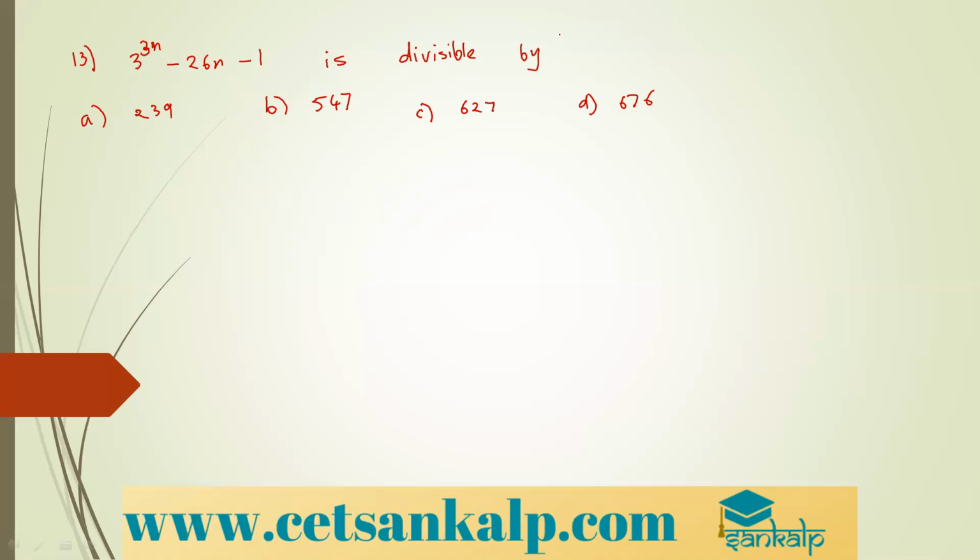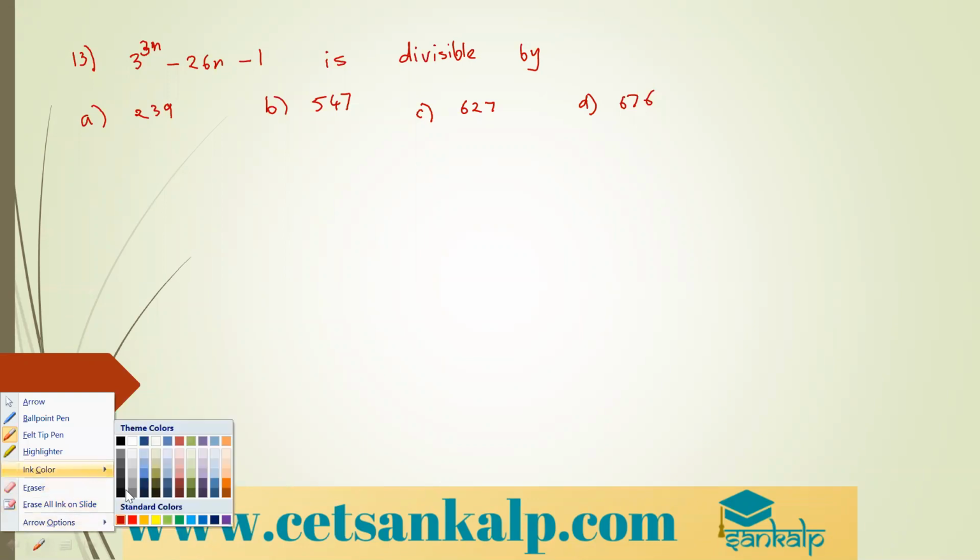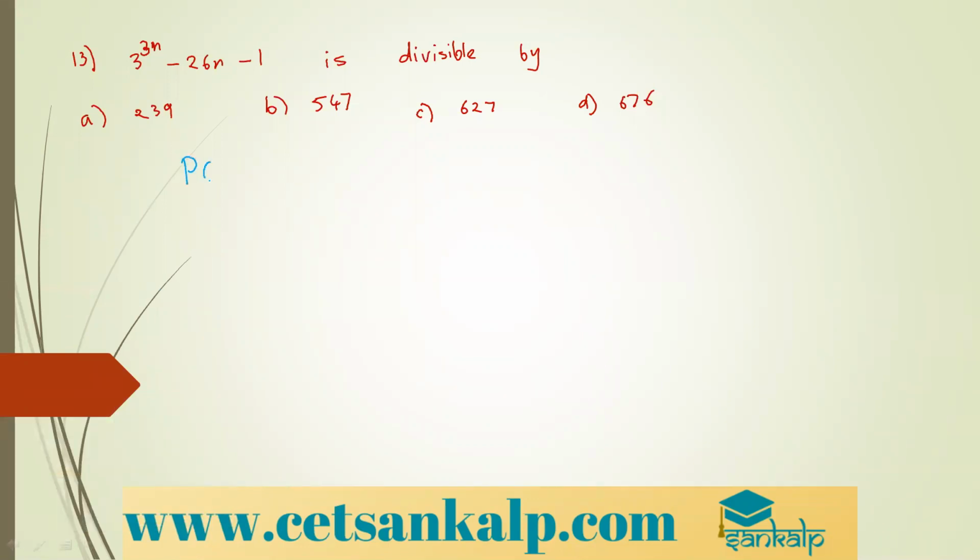Which one? So in order to prove this, we will again take the statement P of n, that is 3 power 3n minus 26n minus 1. If I put n equal to 1, I will have P of 1. And that will be 3 cube minus 26 minus 1, which is 0. Of course, 0 will be divisible by any number. So this will not work.